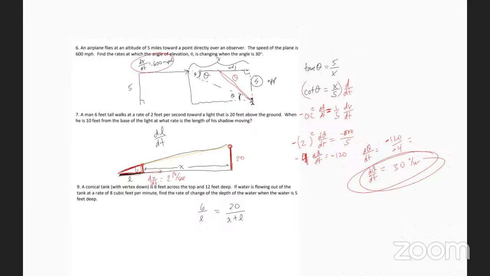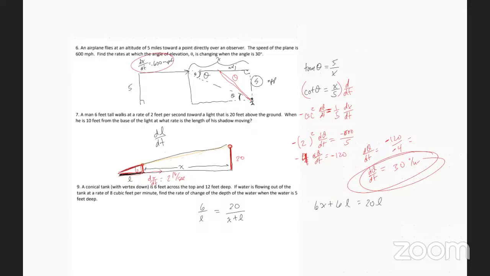Got it? Yeah. Trying to think of it, and they say what is the rate at which the length of his shadow is moving? That's L. Yeah, I think this is all we need. So let's cross multiply. I'll do this to the right. So 6x plus 6L equals 20L. Oh, something doesn't seem right about this.